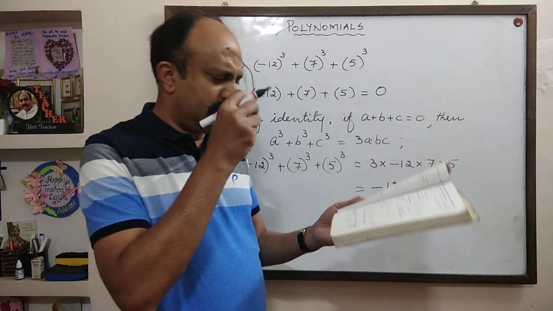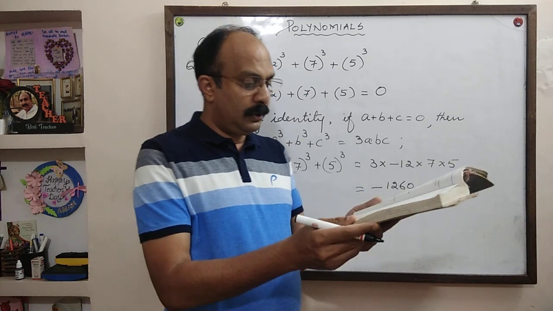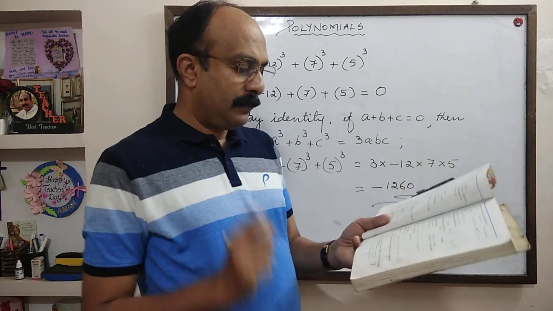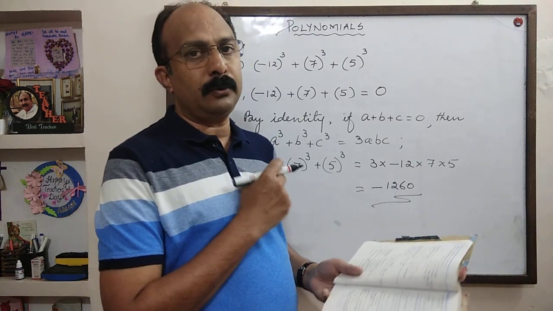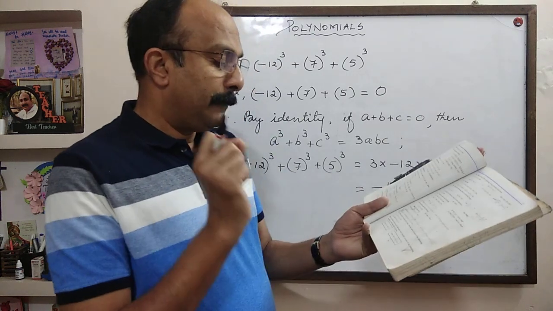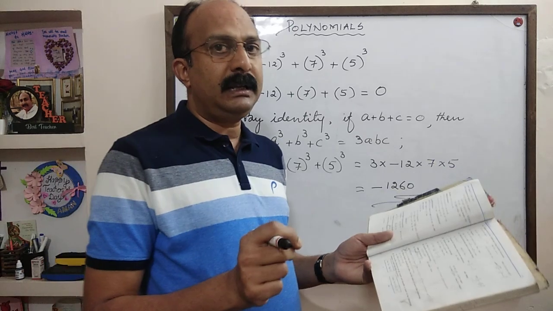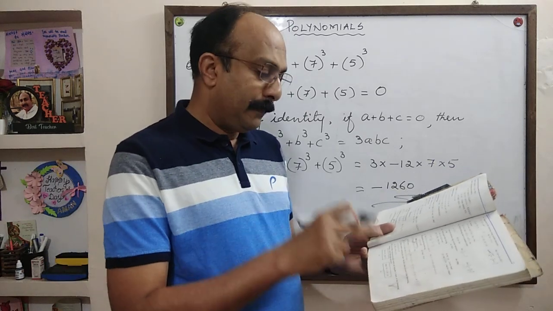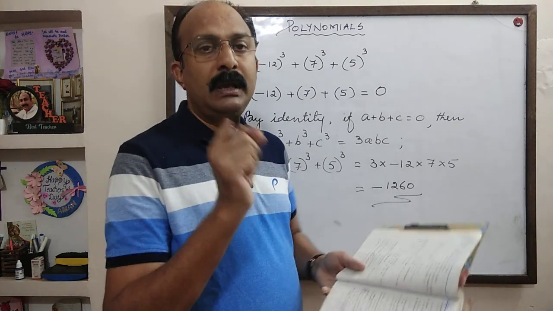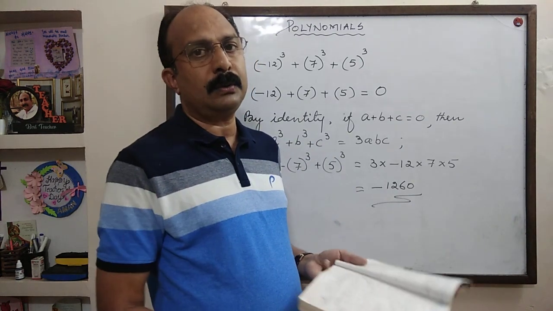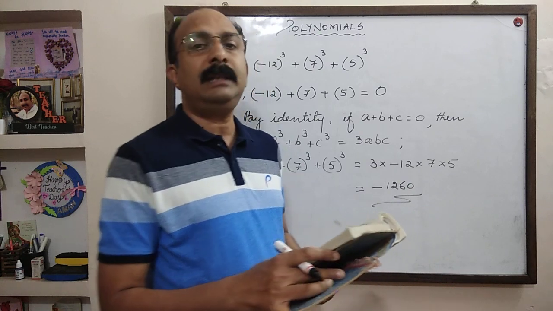And the question is, 28 cube plus minus 15 cube plus minus 13 cube. We know that minus 15 plus minus 13 is minus 28. Minus 28 plus 28 is 0. So here also a plus b plus c is equal to 0. So the answer will be 3abc.